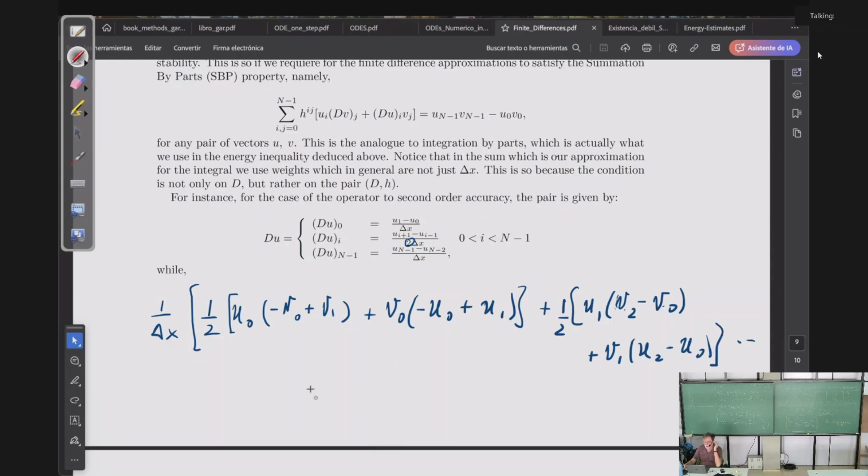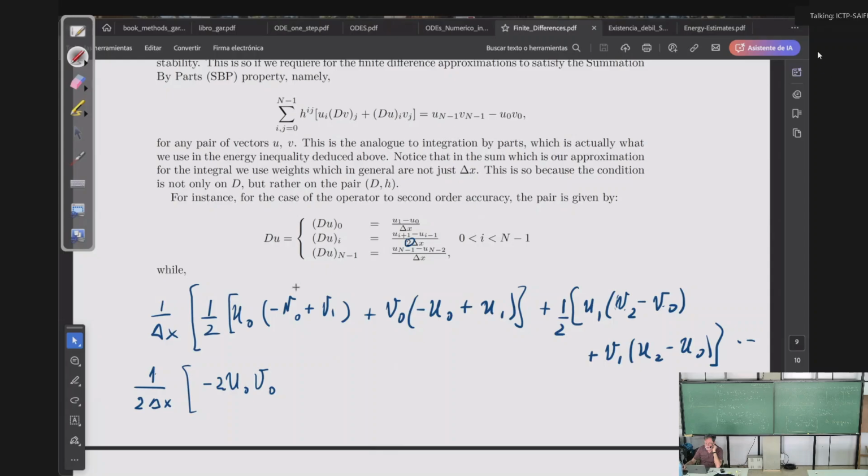So here you see what happens. There is 1/2 everywhere now, so I can take it out. And then I have a minus U0, V0 from here, and I have another from here, so I have a 2 here.